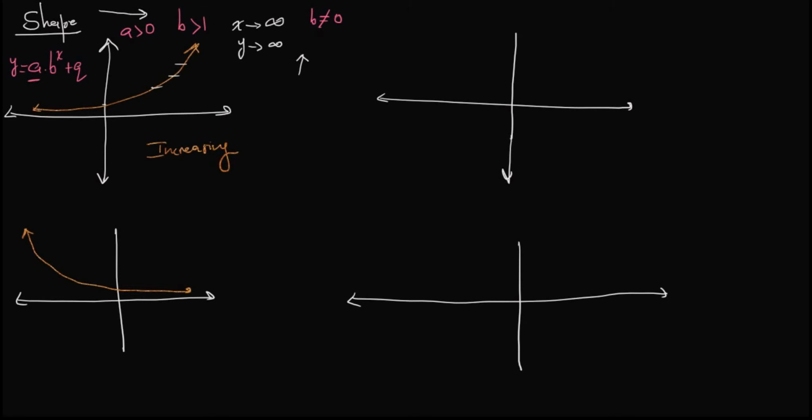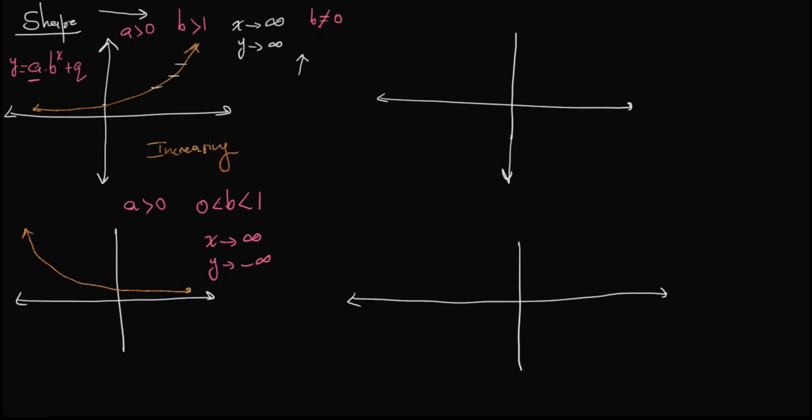Let's look at another scenario. Here a is still greater than 0, but b lies between 0 and 1. What we can also see is that as x approaches infinity, y approaches negative infinity.